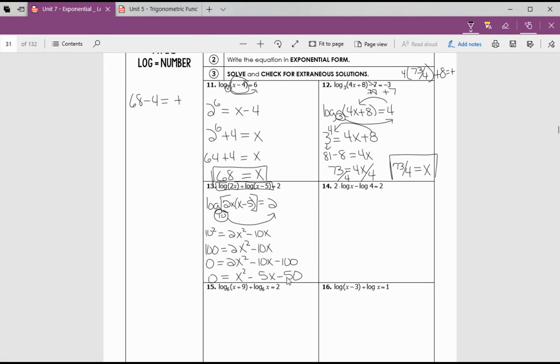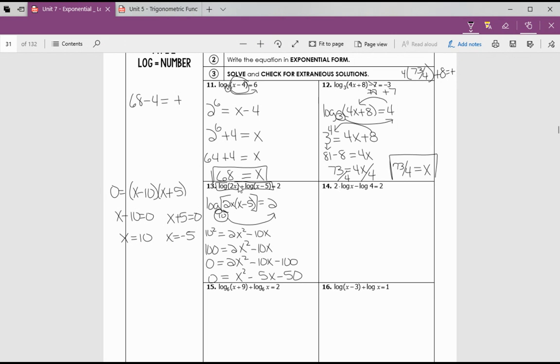So now I need to factor this. So the factors of negative 50 that add up to negative 5 are negative 10 and positive 5. So I get 2 answers. Once you set your factors equal to 0, you solve them. So x equals 10 and x equals negative 5.